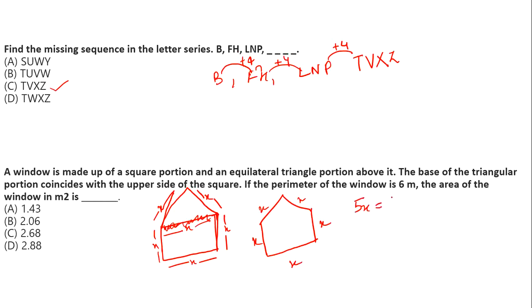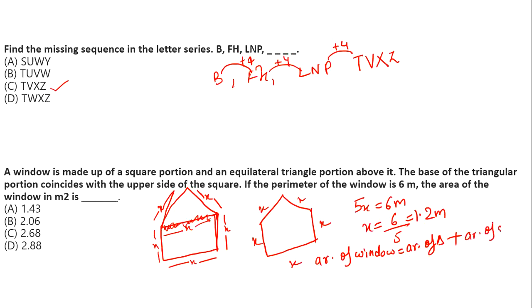It is given equal to 6 meter. What is the value of x? 6 divided by 5, it is 1.2 meter. So they have asked the area of the window in meter square. What is going to be the area of the window? Area of window is equal to the area of the triangle, that is our equilateral triangle, and the area of the square, right? What is the formula for calculating the area of an equilateral triangle?